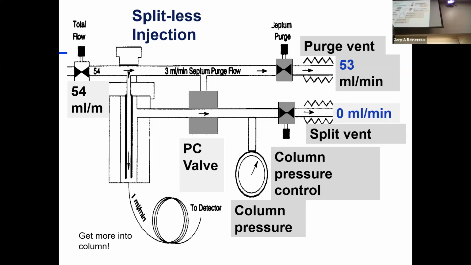It says 3 mils per minute septum flow, but it's also much of that 54 mils per minute. So of 54 mils per minute, about 53 go right across the top. So it goes poof, but then gets pushed into the column. So instead of going poof and getting split out, it gets pushed onto this. So we can go ahead and get more sensitivity out of the system.